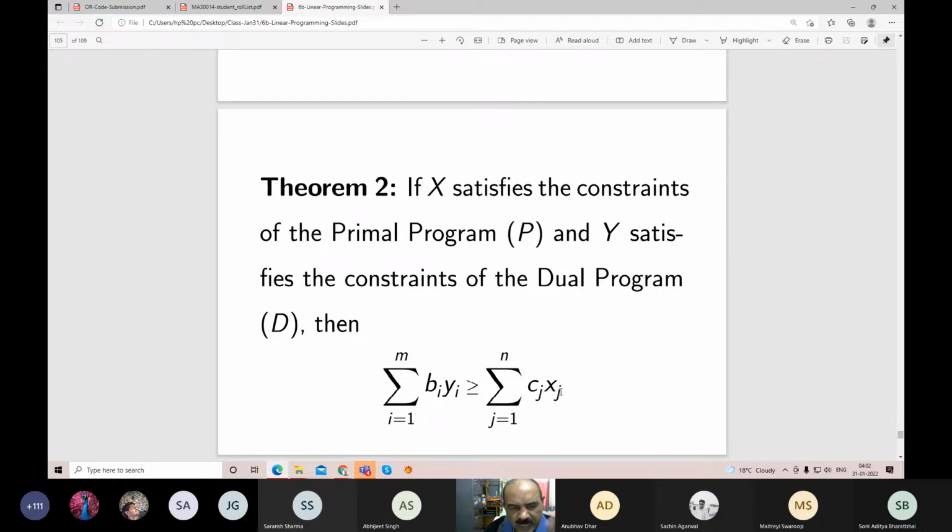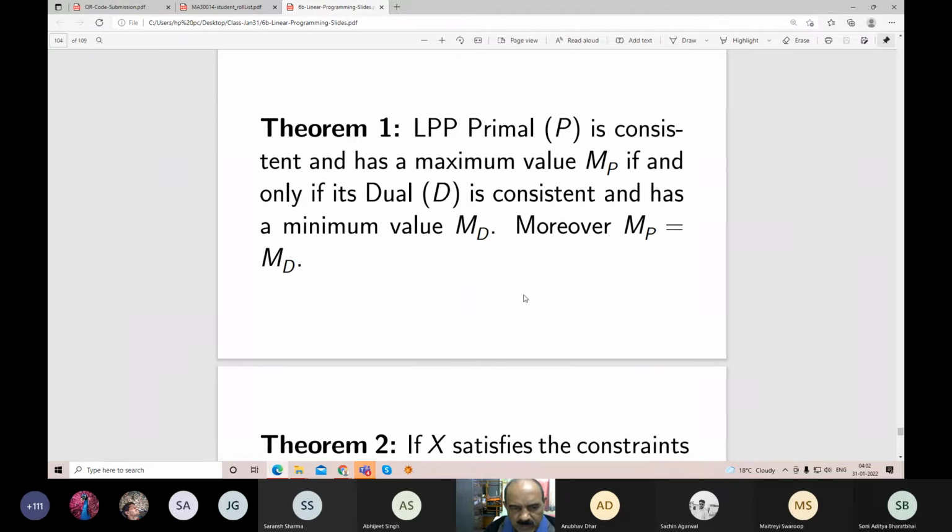This theorem says something about weak duality. The first theorem says something about strong duality.